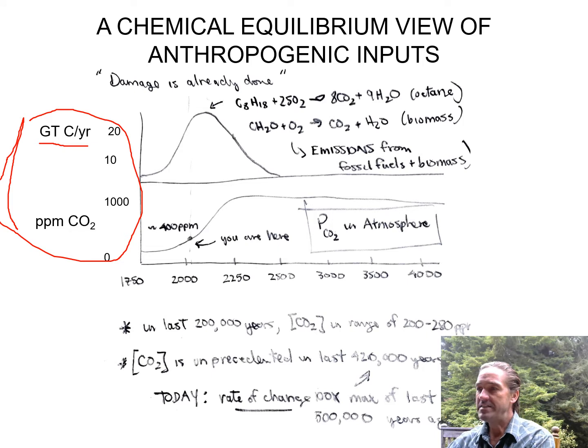Nonetheless, what we see is that we are still exponentially increasing our use of fossil fuels, but there will be a point in the future, sometime in the next century, at least that's what the models say, that we'll reach a maximum for whatever reason.